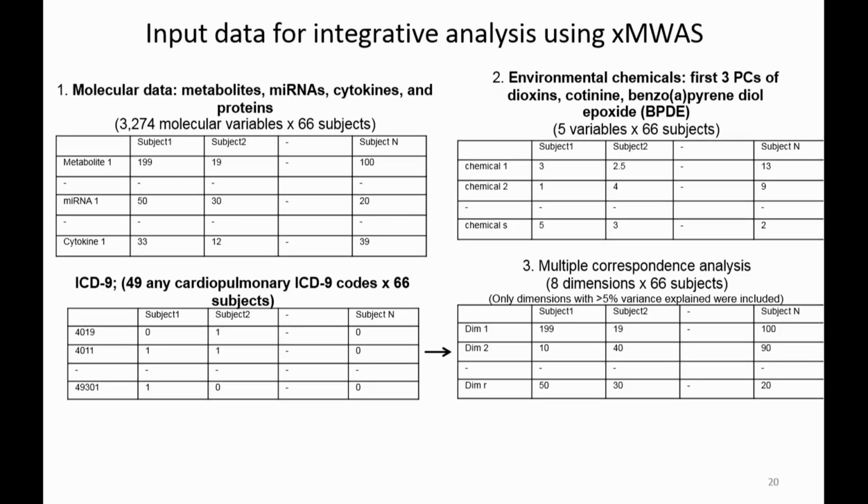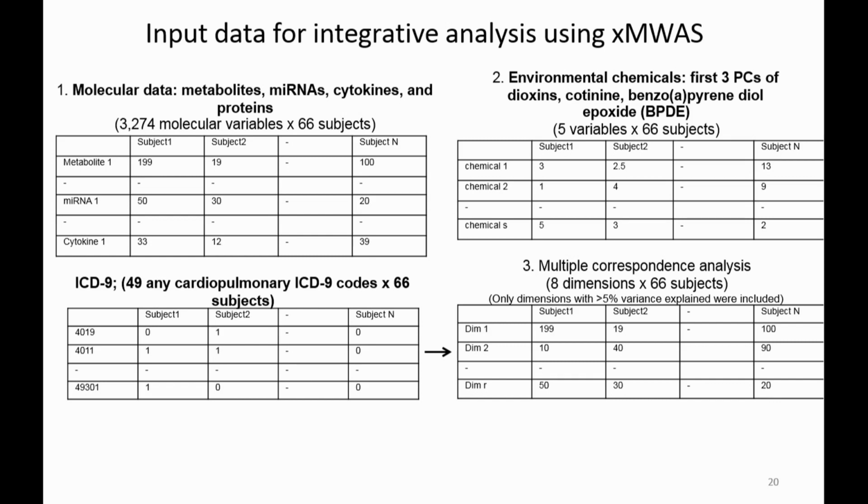So as I mentioned, we had multidimensional data available for these subjects. So we binned the data into different categories. We had a molecular data bin, which included the metabolomics data, microRNA data, cytokine data, and the protein biomarkers. So that's matrix 1.